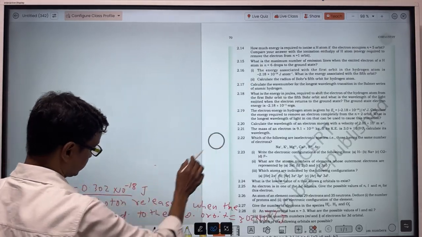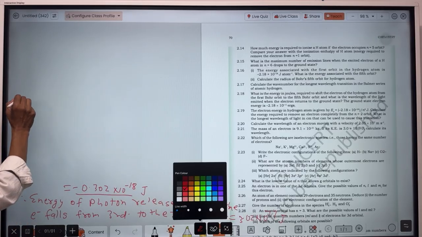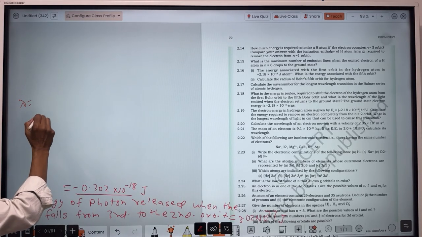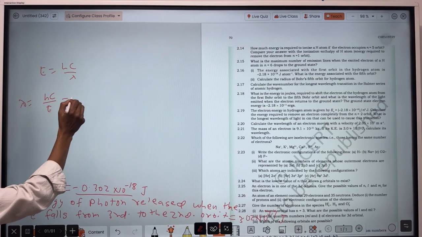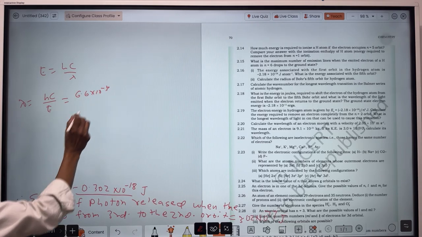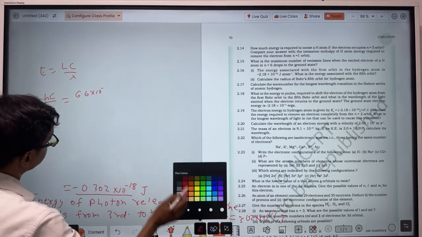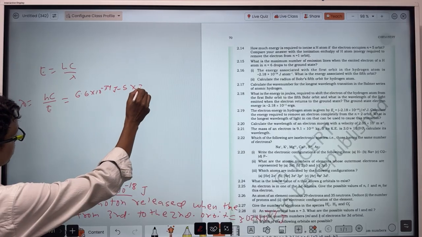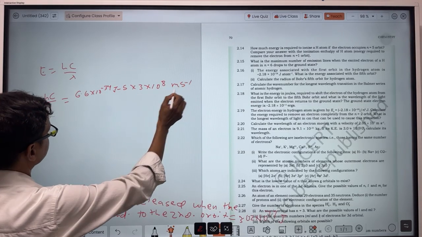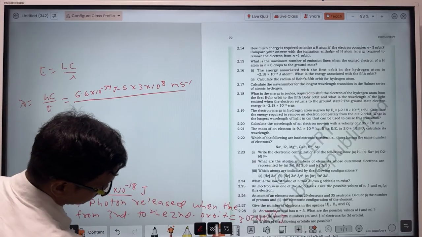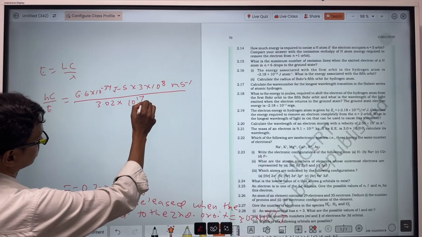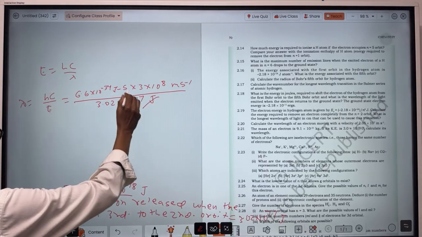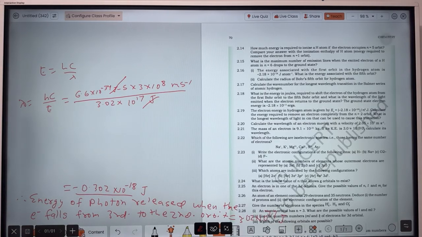So lambda equals hc upon E, that much meter.